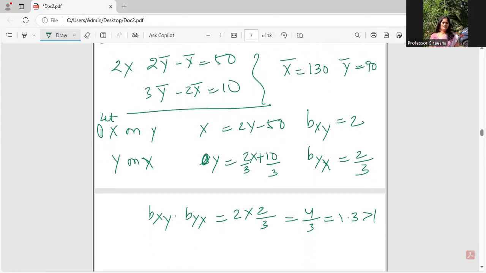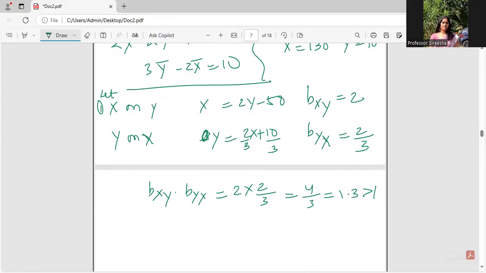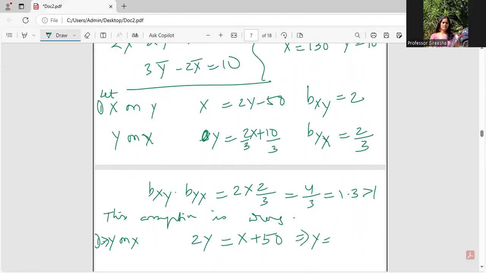Again, my assumption is wrong. So I'll take the opposite. I'll take the first one to be y on x. So 2y is equal to x plus 50, or y is equal to 1 by 2 x plus 25.